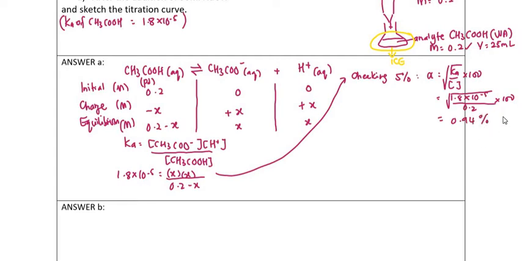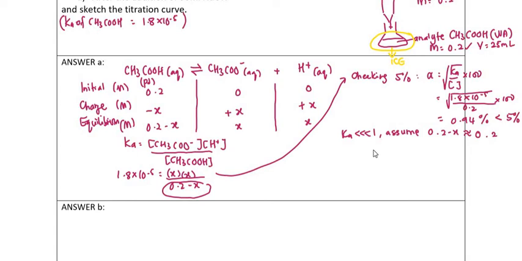This percent is less than 5%. So what you should do, yes, Ka is very small, less than 1. So assume the denominator 0.2 minus X is approximately 0.2. Here we assume X can be negligible, very small. That's why 0.2 minus a small value, we get back the value, which is 0.2.